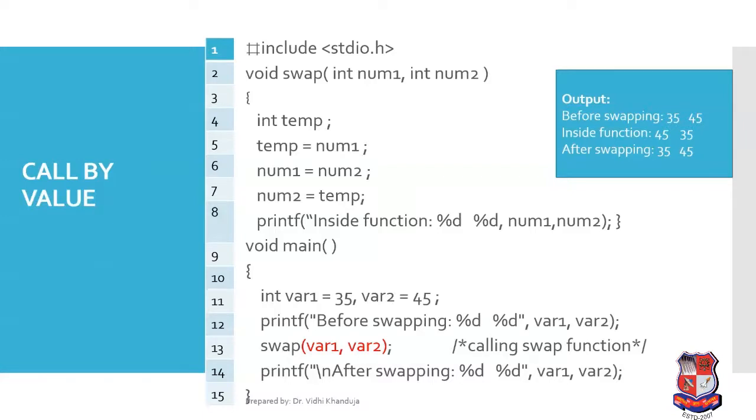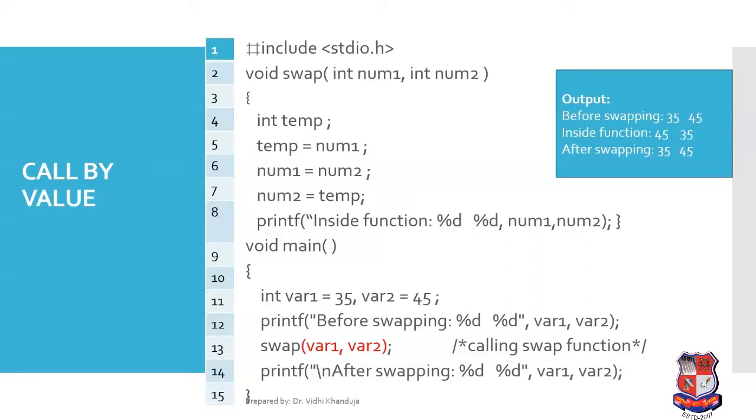The value of var1, that is 35, is copied to num1. We call this type of function call call by value, because we are passing the value of the variables. So a copy is being generated.